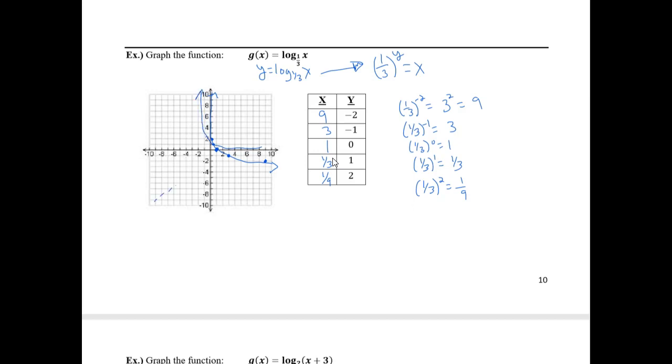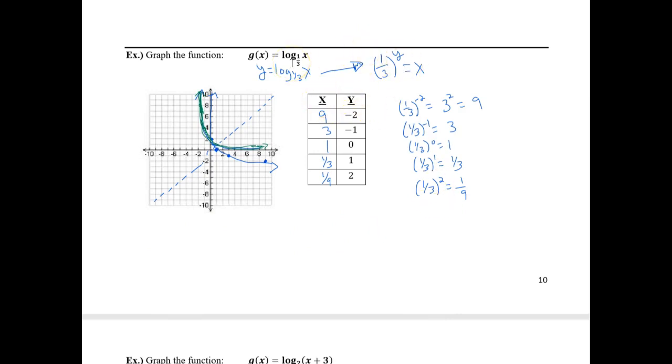So again, still a mirror image of the other function. Maybe this would be better to see if I did it in a different color. So let's do this color. This one is the exponential function. And there you go.